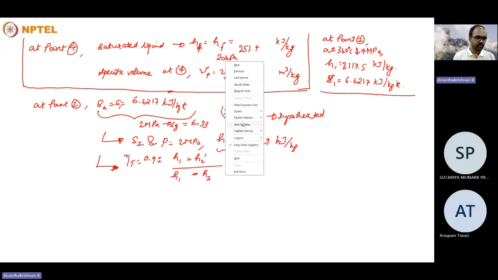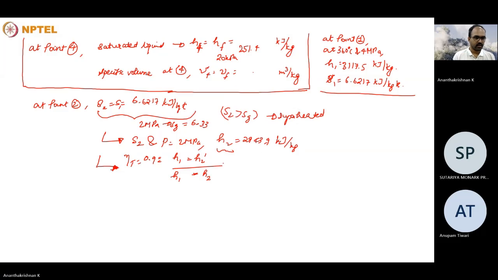So from here we can determine the value of H2 dash. Other quantities are known. H2 dash will be equal to 2273.61 kilojoule per kg. So this is the actual value.